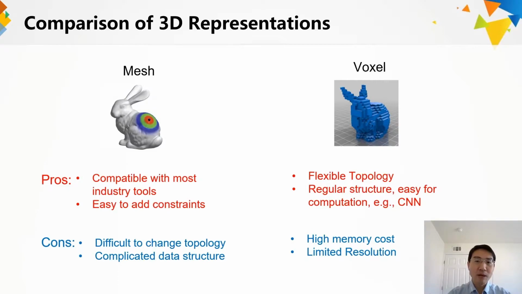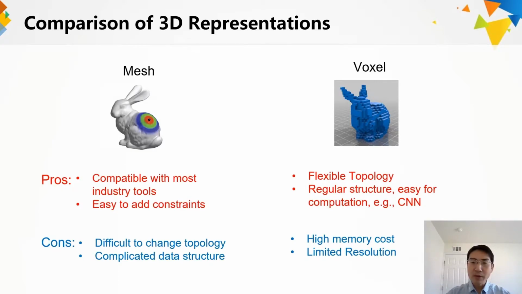It is widely used in most industrial tools, for example, in games and movies. And it is easy to add constraints. However, mesh has some limitations. For example, it is difficult to change the topology, and usually it has a complicated data structure.